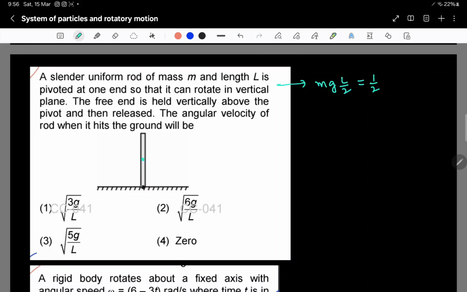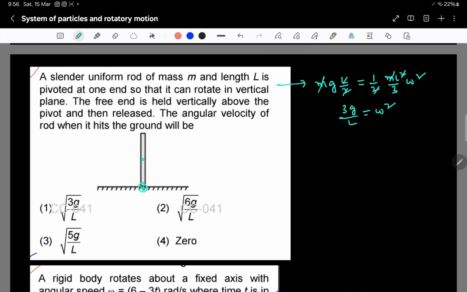So it is rotating about which axis? About this axis, one end only. About one end, I is ml square by 3, into omega square. So here m cancels, the 2 also cancels, one l cancels. So 3g by L equals omega square, students.